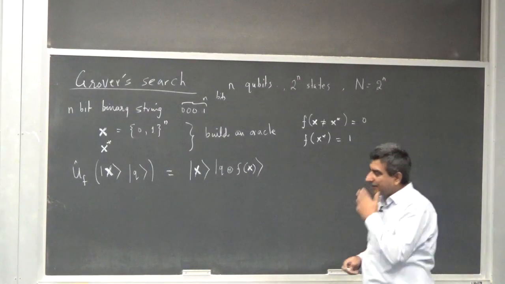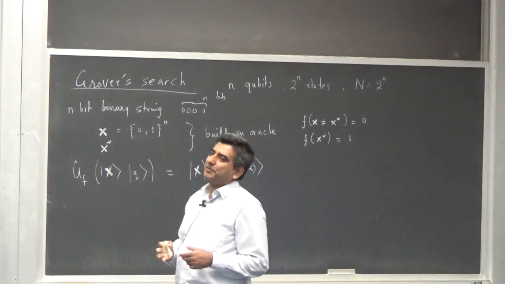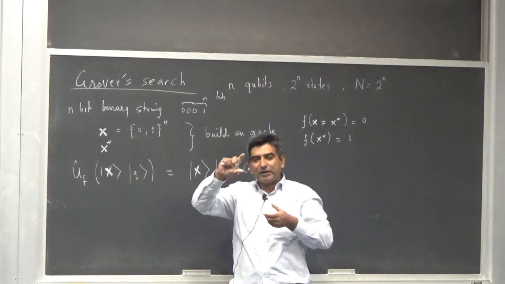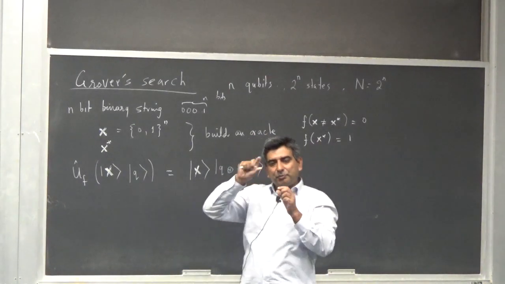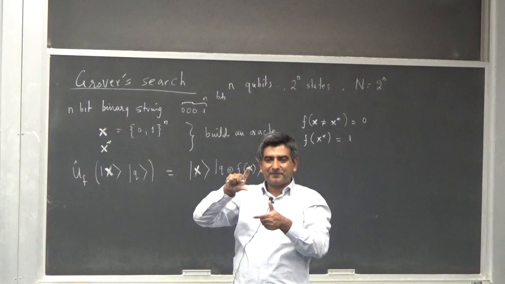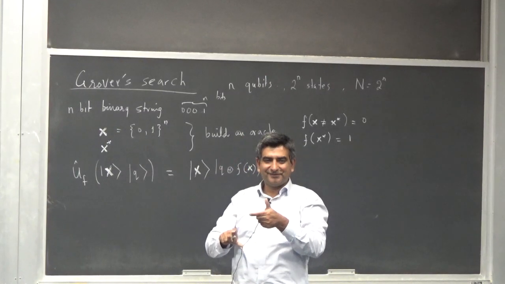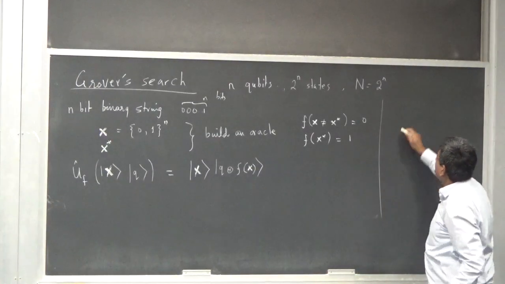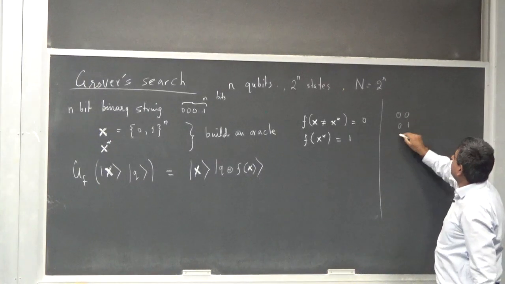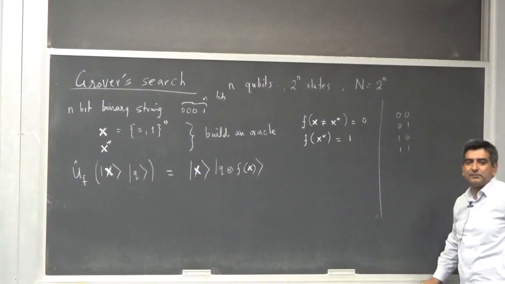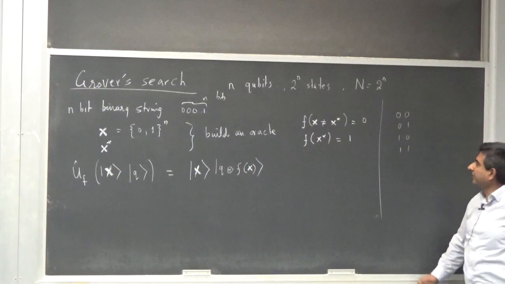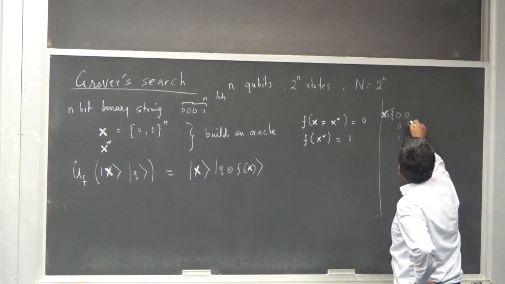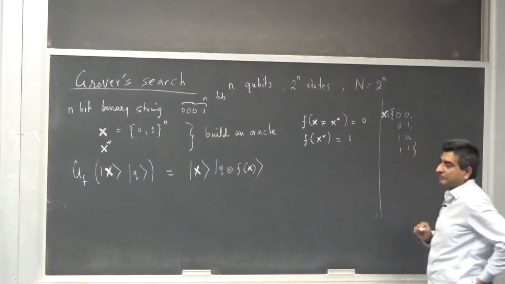Suppose I keep my task simple. My n is 2, so I'm looking for 2-bit strings. I'm searching amongst 2-bit strings. For 2-bit strings, the possibilities are 00, 01, 10, 11. This is my entire set of possible strings.